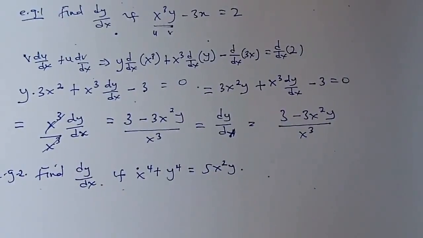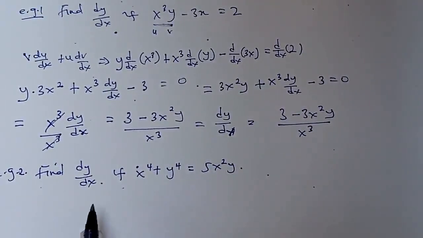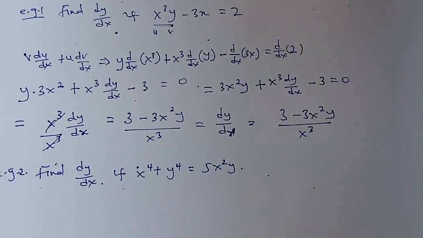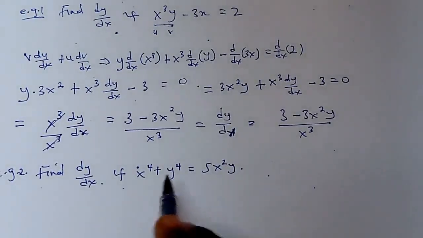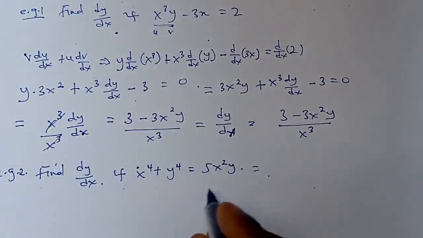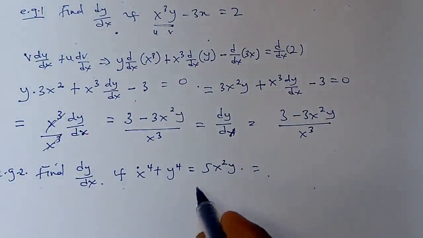Okay, so this is question 2, or example 2, that I want us to solve right now, and it's here that we should find dy/dx if x raised to power 4 plus y to the power 4 is equal to 5x squared y. Okay, so we know that this is a product, but these are not products, so we solve them here. Let's find the derivative of this. I'm not going to go through the normal process again.